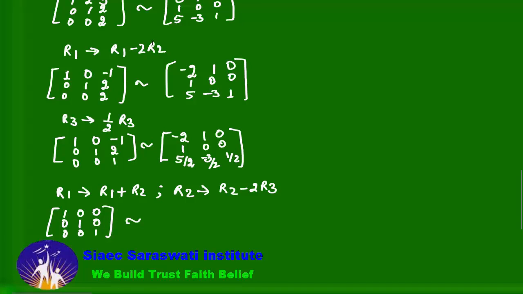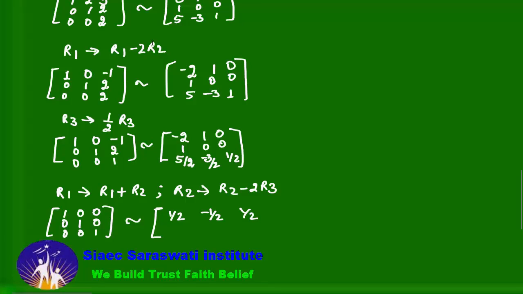matrix will be minus 2 plus 5 by 2. So minus 2 plus 5 by 2, that will be 1 by 2. Okay, and that will be minus 1 by 2, again it will be 1 by 2.